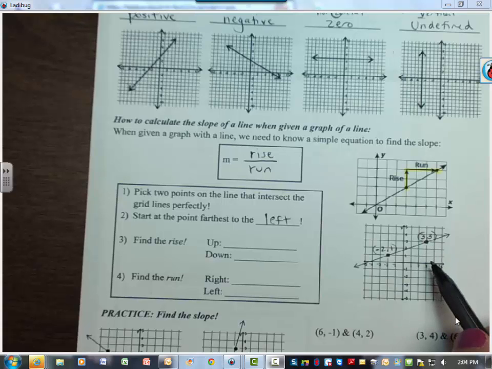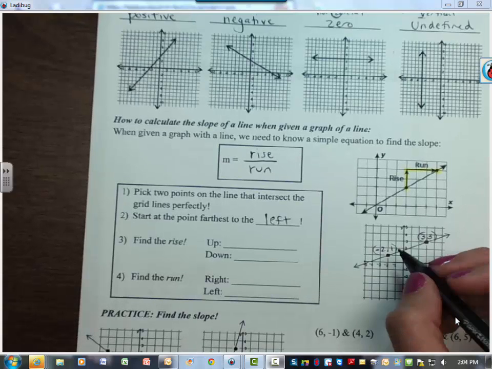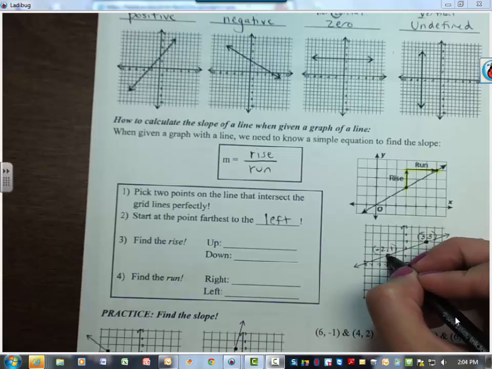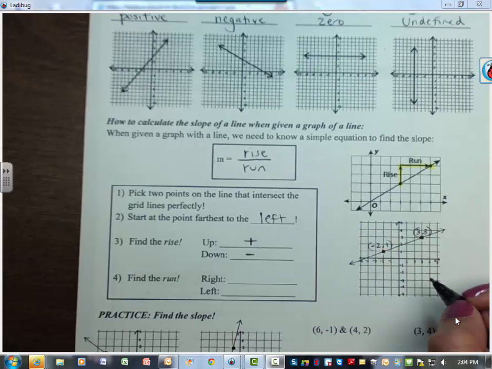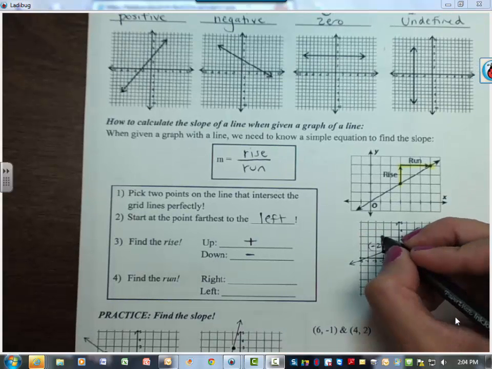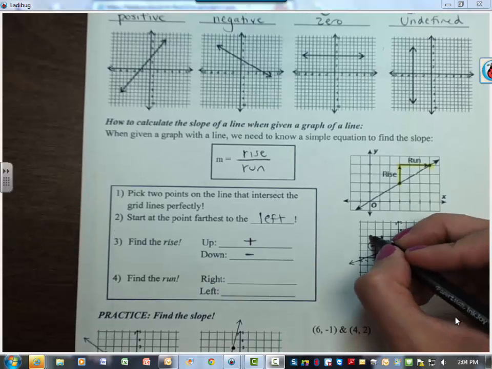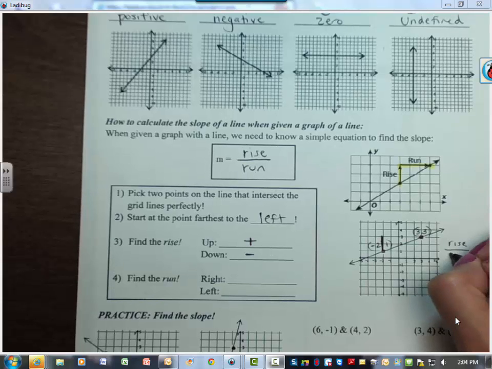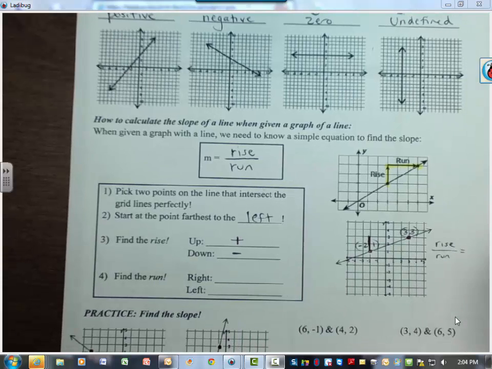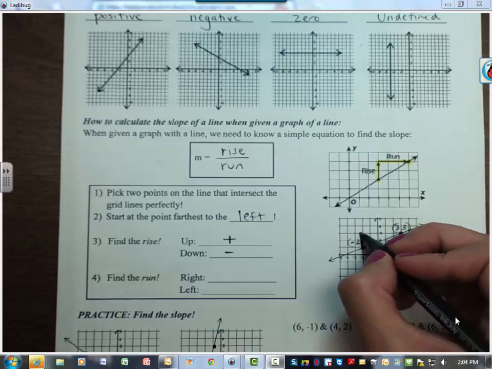Okay, so if I'm looking at the point that's furthest left, I'm going to find the rise first, which means if I'm going up, those are going to be my positive numbers. If I'm going down, it's negative numbers. So from here, I'm going up 2. So plus 2 is my rise. If I write it off to the side, rise over run, I have plus 2 for my rise. From this point right here, I have to do my run.